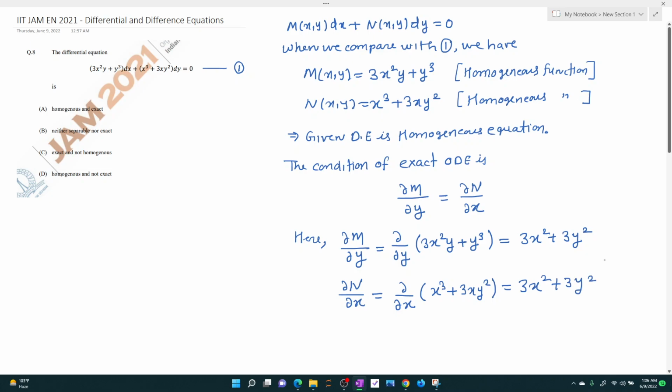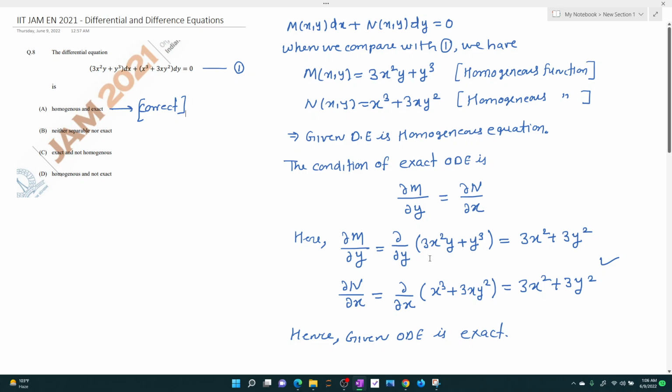So here I can say that both are equal, hence the given ODE is exact, right? So option A is correct, which says it is both a homogeneous and exact ordinary differential equation.